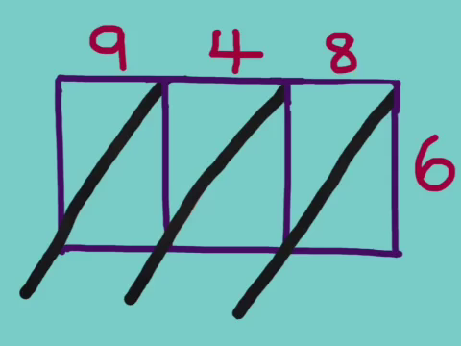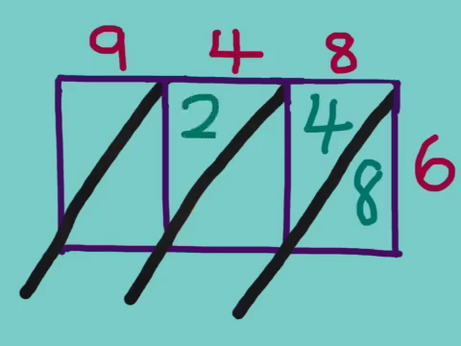So, we will start with 8 times 6. 8 times 6 is 48. So again, you split it up and write it down. Next, we will do 4 times 6 because it is connected by this box. 4 times 6 is 24.